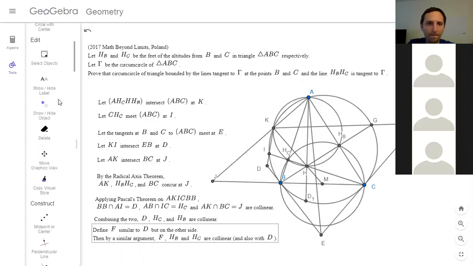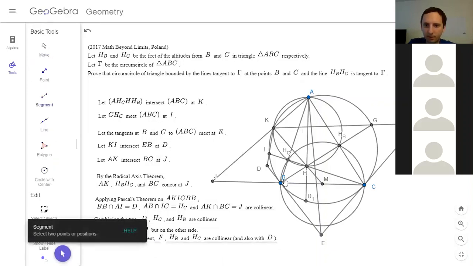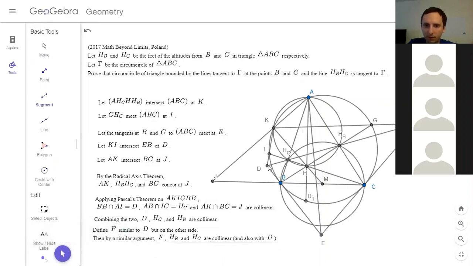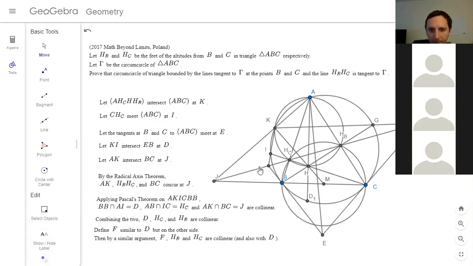And now once we have that, what was the next step you were saying? So we know that K, B1, BC is harmonic. So we know that K, D1, and E are collinear.